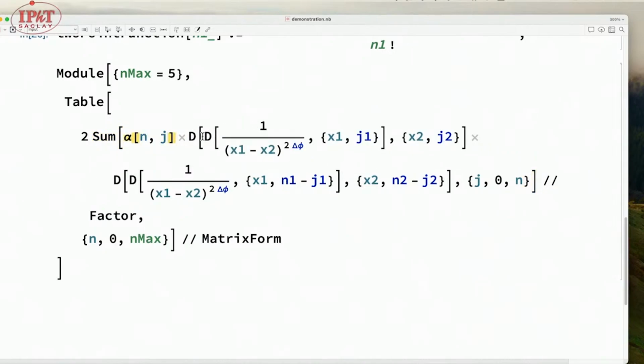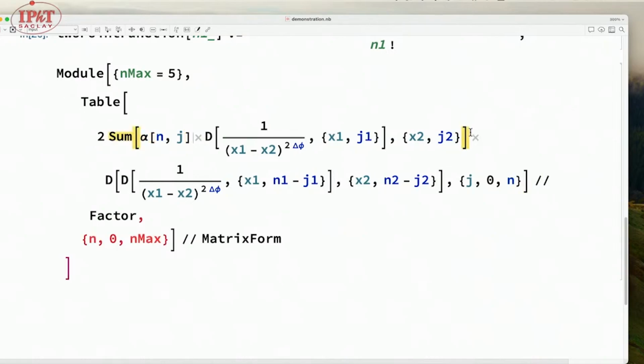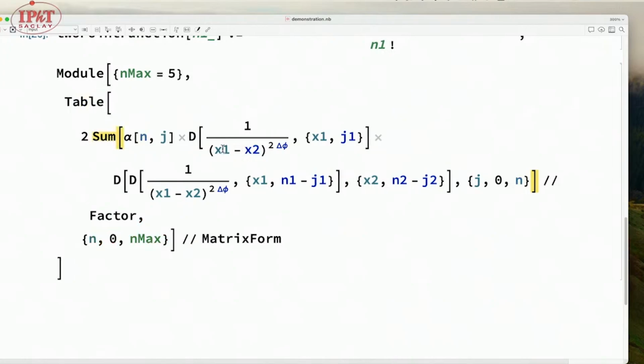And each 2-point function is differentiated only once. So we have a contraction between x1 and x3 now. So x1 minus x3, which is differentiated j times with respect to x3, right?